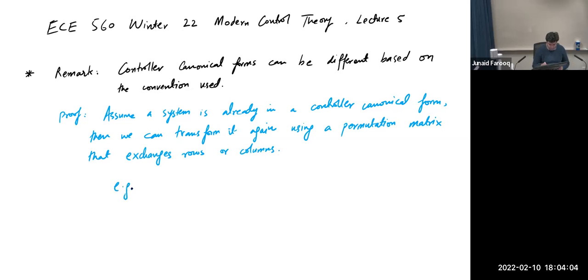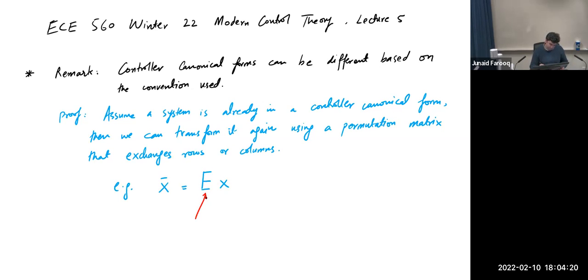One example of a permutation matrix is the exchange matrix. Let's say there's a matrix E which transforms the original state X into a new state X bar.